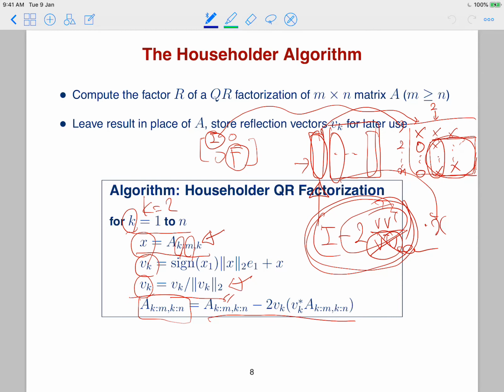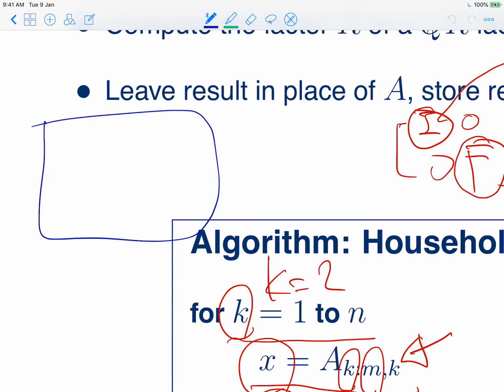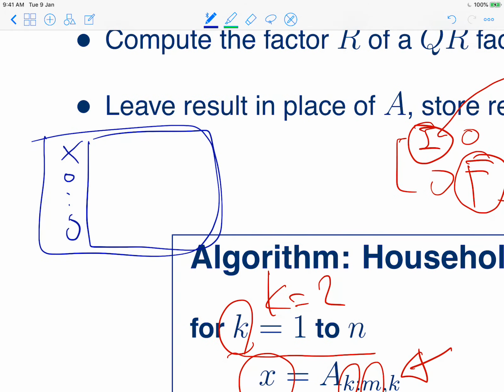So for example, if we have a full matrix, then we will apply Q2 to introduce the zero structure over here, right?